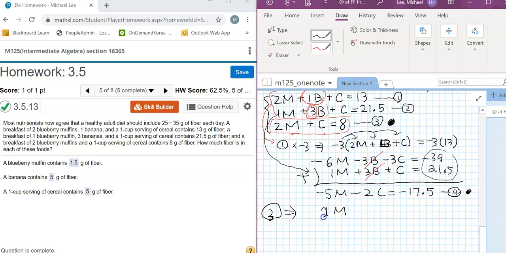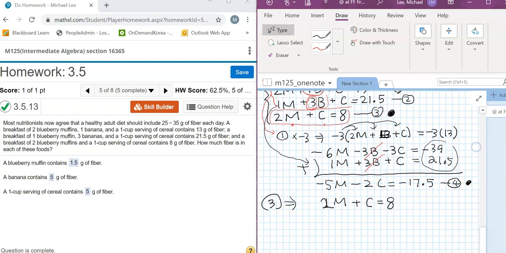So 2m plus c equals 8. I just rewrote equation 3 here, okay? So now, if you look at equation 3, now, how about equation 4? This is negative 5m minus 2c equals negative 17.5.